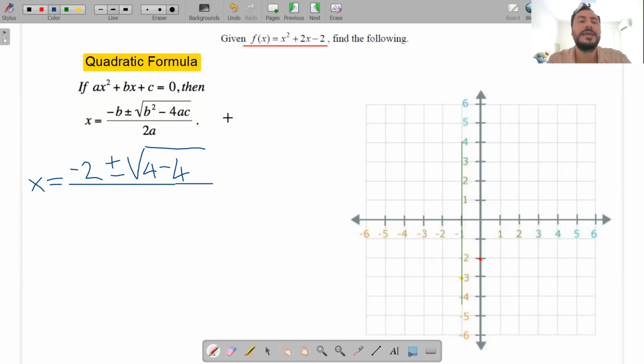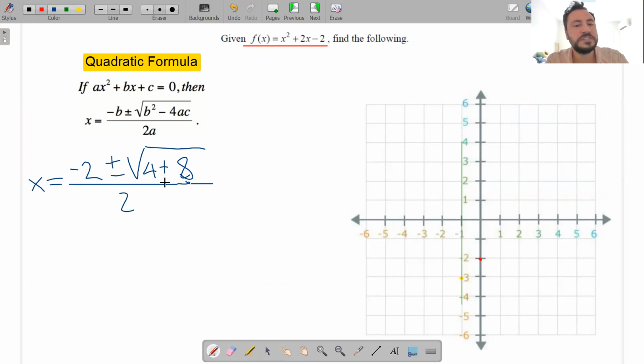Then multiplied by c, which in our case is -2. So it's not going to be negative here, it's going to be positive, and here it is going to be 4 multiplied by 2, which is 8, over 2a. Since a is equal to 1, it's just 2.